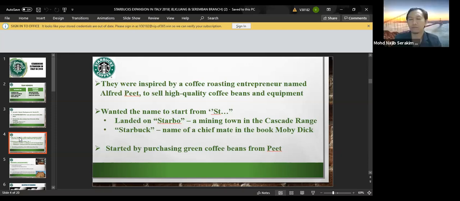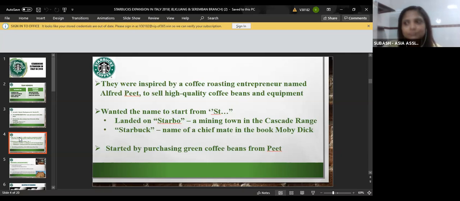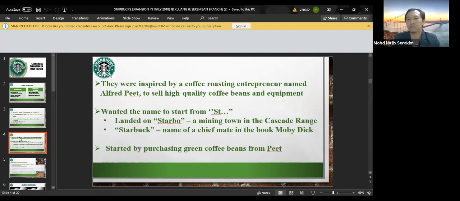From that Starbo, the three remembered Starbuck, the name of the chief mate in the storybook Moby Dick. Moby Dick didn't have anything to do with Starbucks directly. It was just a coincidence, and the sounds seemed to make sense.